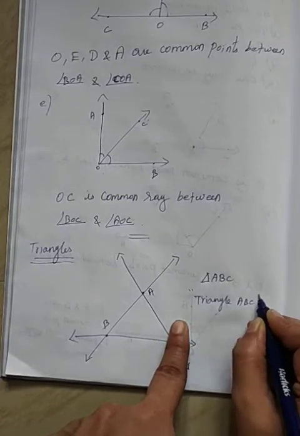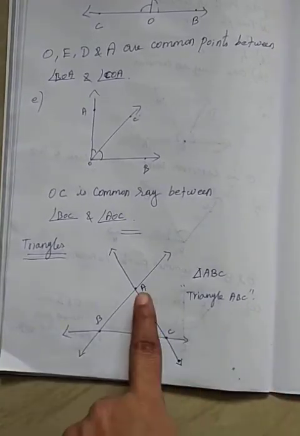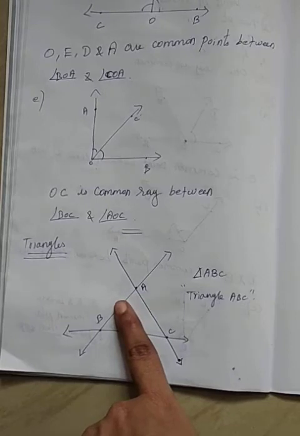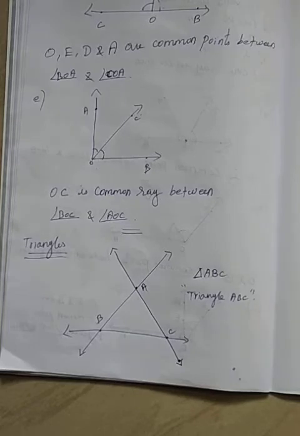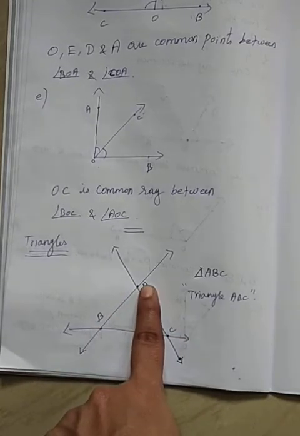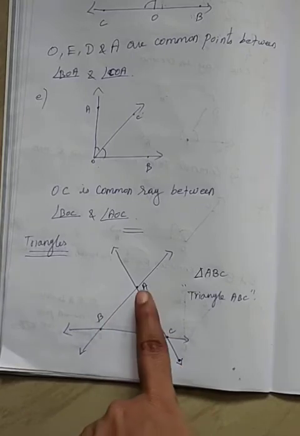Clear? Okay. In triangle ABC, how many sides and how many angles are there? How many sides? See, the 3 sides: 1, 2, 3. The name of the sides?